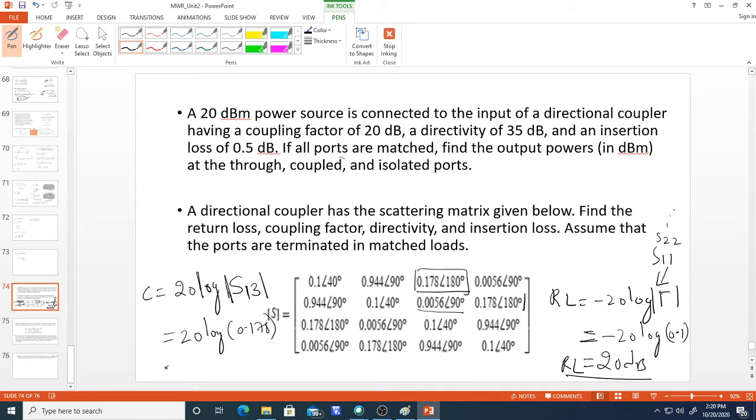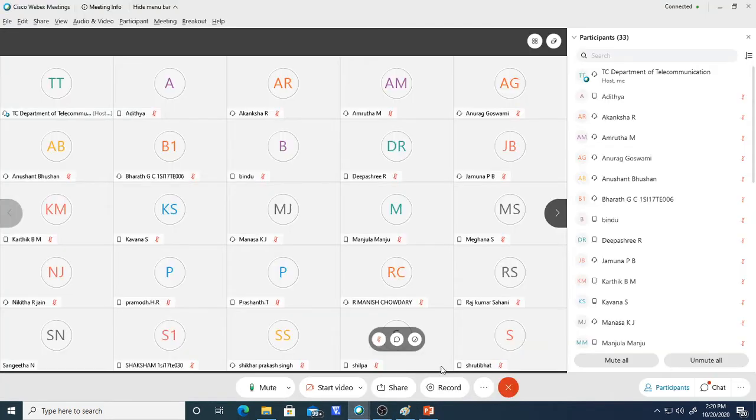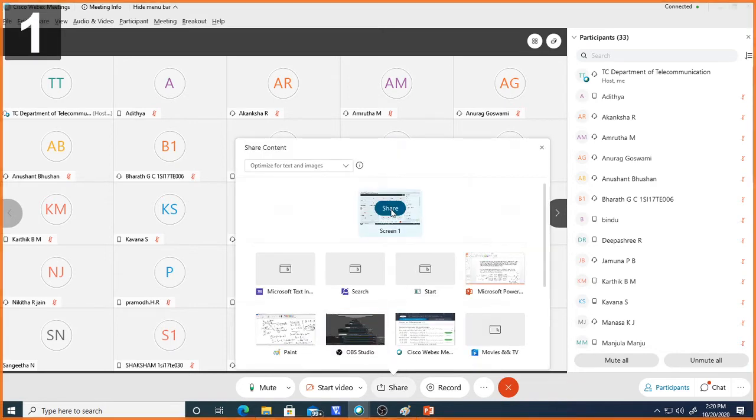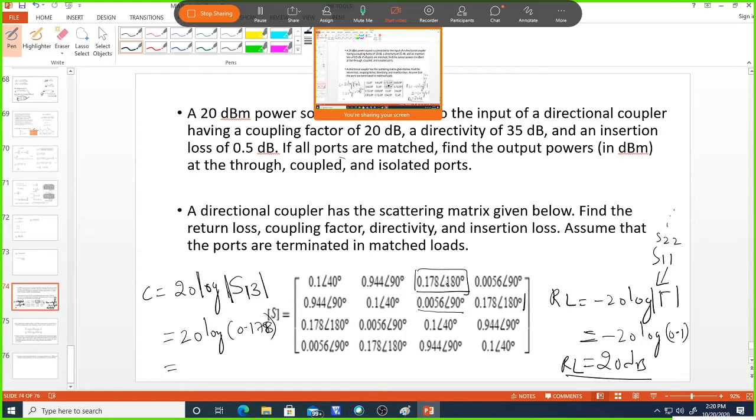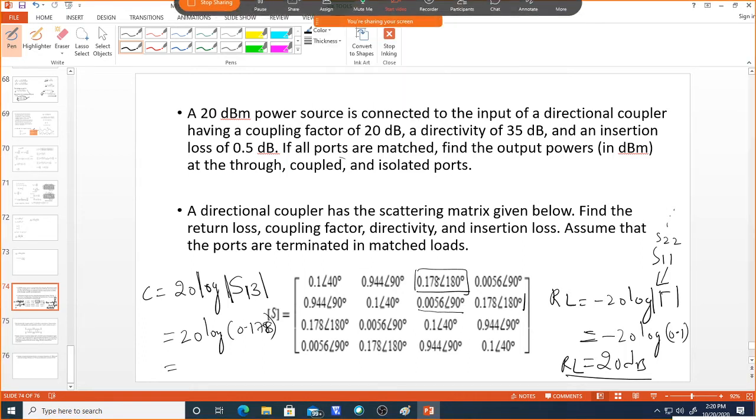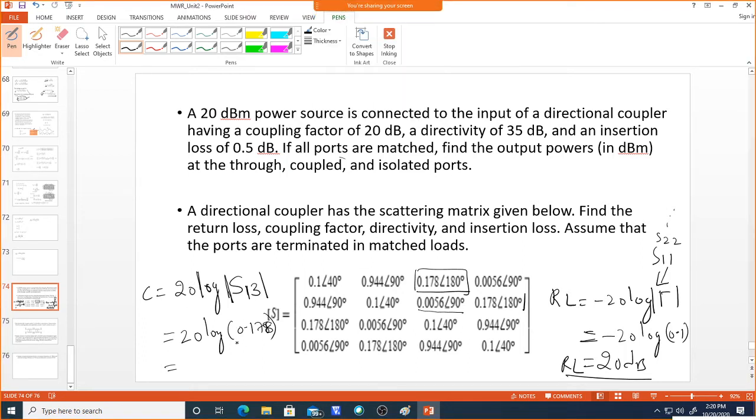0.178. So what is the value of the coupling factor? This is S13, you need to take it and calculate the coupling factor.